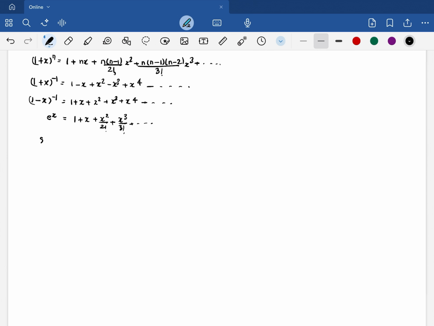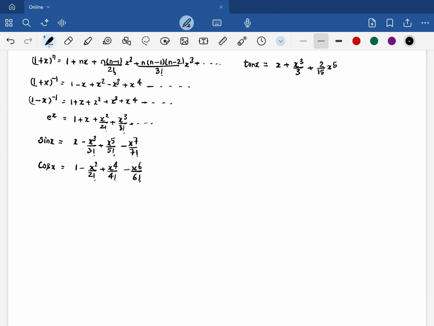What's the expansion of sin x? x minus x cube upon 3 factorial plus x to the power 5 upon 5 factorial minus x to the power 7 upon 7 factorial. cos x is given as 1 minus x square upon 2 factorial plus x to the power 4 by 4 factorial minus x to the power 6 upon 6 factorial. And just now we have studied the expansion of tan x, that is x plus x cube by 3 plus 2 by 15 x to the power 5.